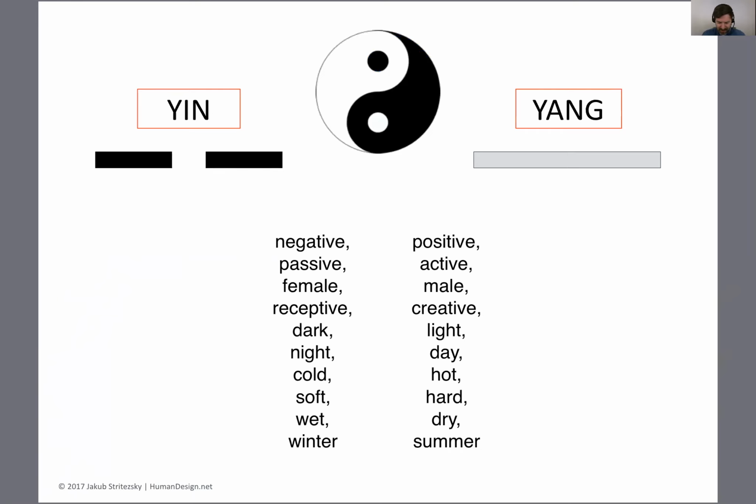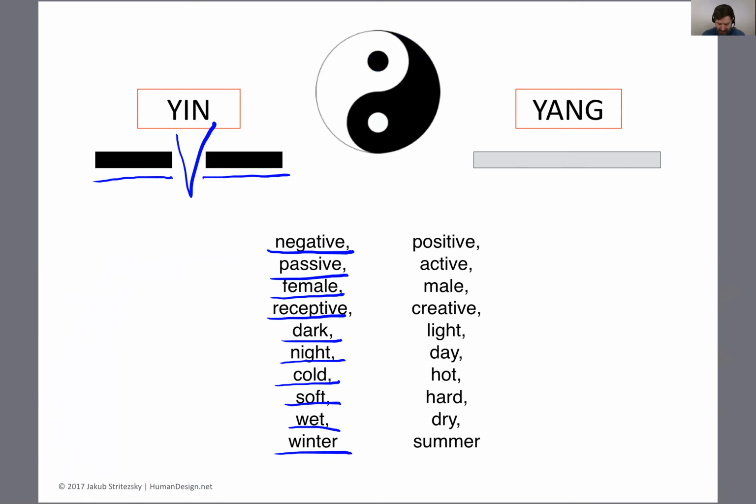Yin is this broken line, this line which has an empty space in the middle of it, and it's associated with negative, passive, female, receptive, dark, night, cold, soft, wet, winter.